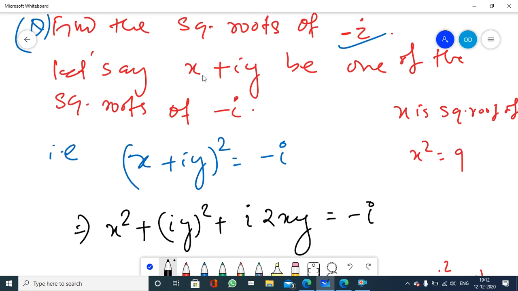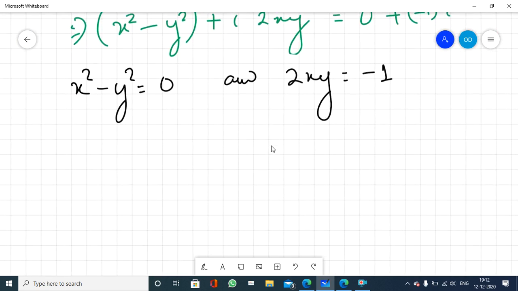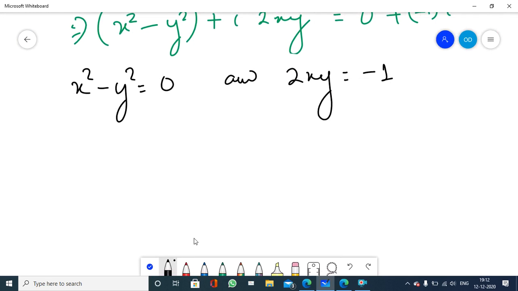Now my target is to find the values of x and y, because it is not enough to just say x plus iy is the square root of minus i. What is x, what is y? If I am able to find the values of x and y, then obviously I can say that this is the square root of minus i. Get my point so far? So our target here is to find the values of x and y.